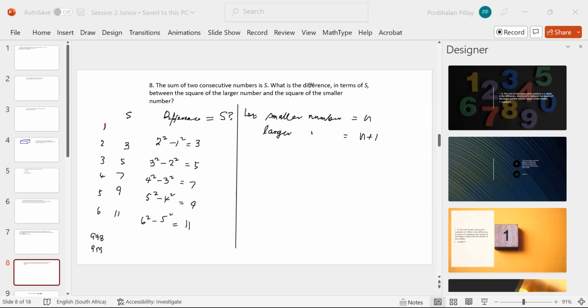Now, we want to find out the difference. Okay, we know that S is the sum. The sum of these two numbers is S. So S is equal to n plus n plus 1, which is 2n plus 1. So we know S is 2n plus 1.